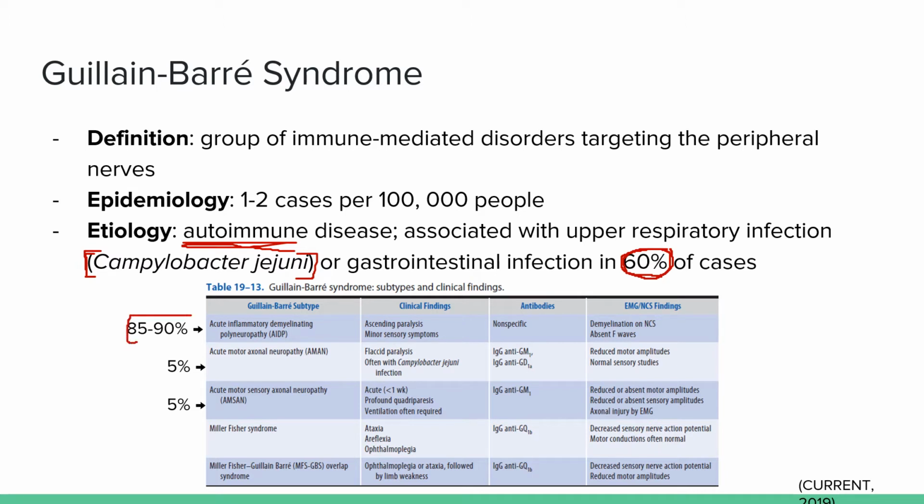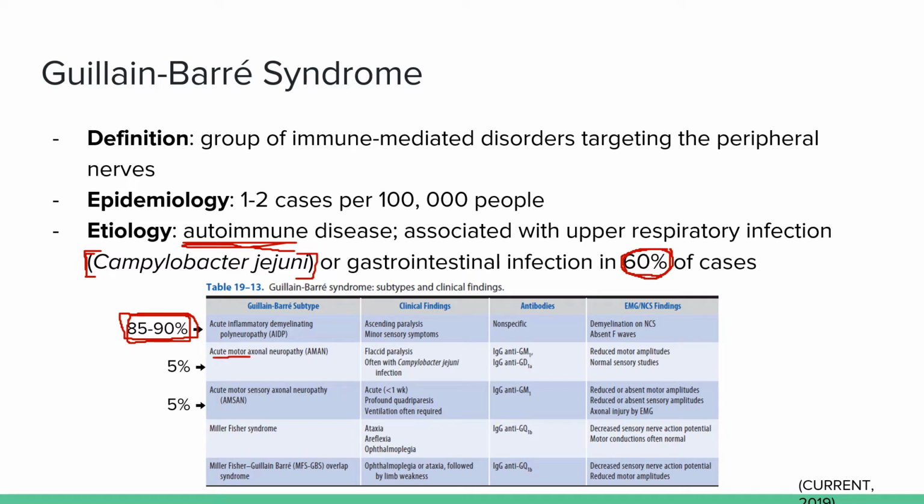This represents 85 to 90% of all cases, and is mainly seen as an ascending paralysis with minor sensory symptoms. The antibodies are non-specific, but mainly GQ1B autoantibodies are seen. The EMG and NCS findings are demyelinating or absent F waves.